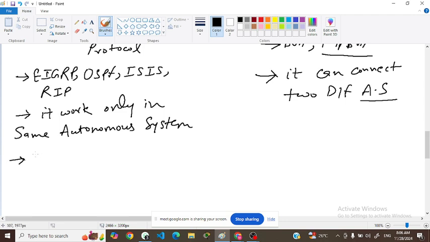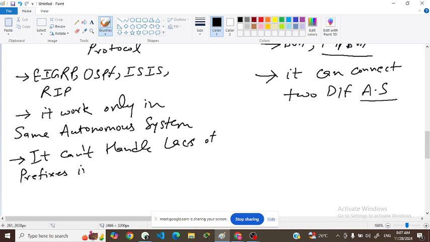An IGP cannot handle lakhs of prefixes in its routing table.